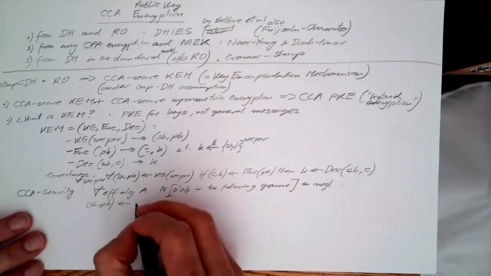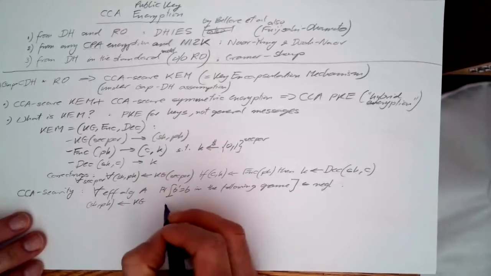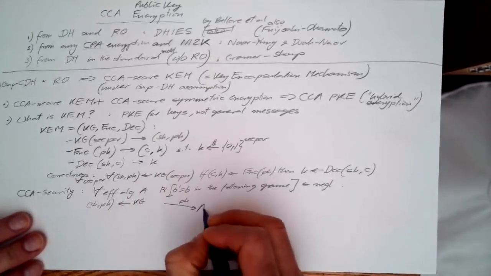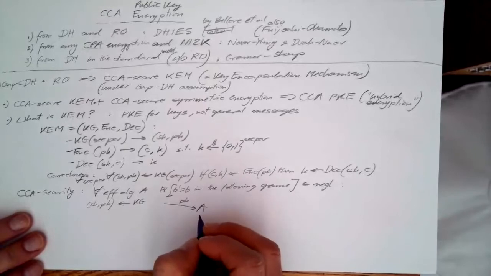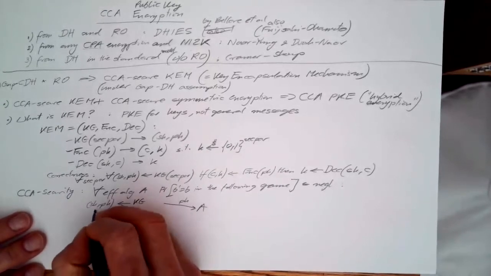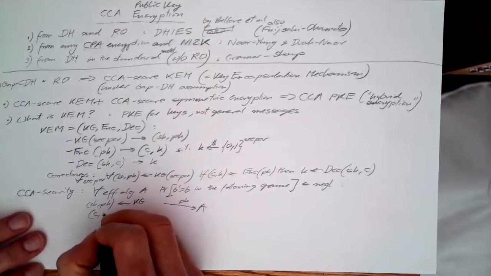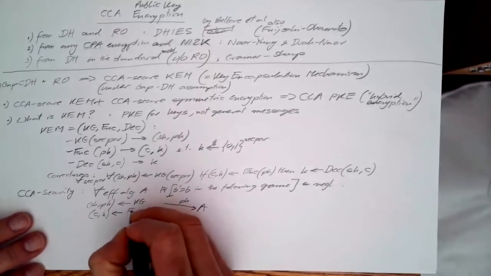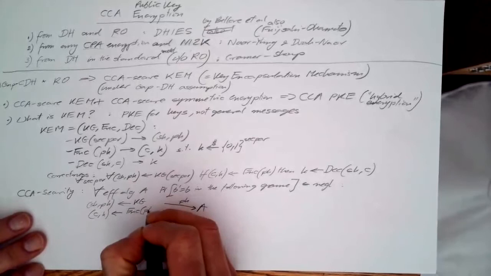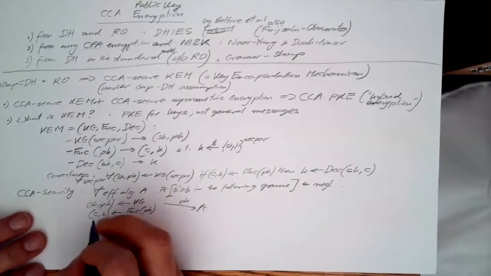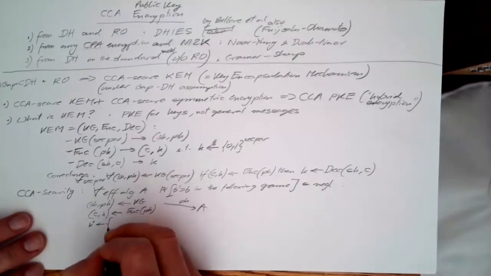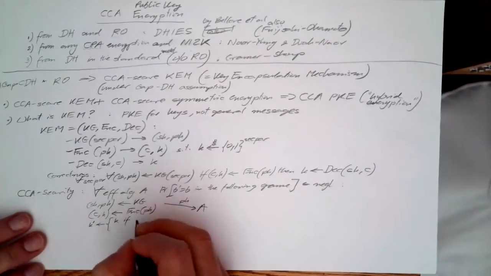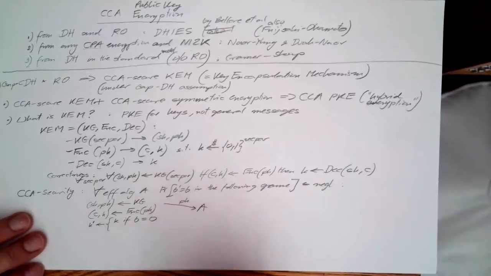Okay, so secret key, public key is generated by the key generation. Attacker gets the public key, and also the encapsulation algorithm is executed, and then there is a key which is assigned to be key K if the bit is 0.